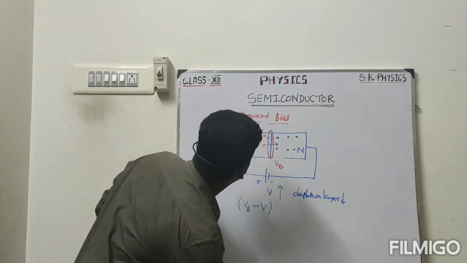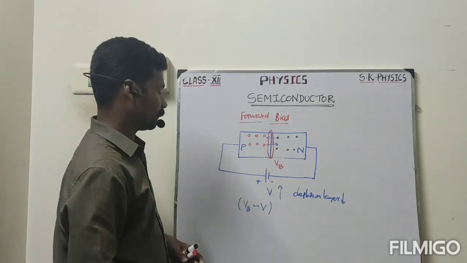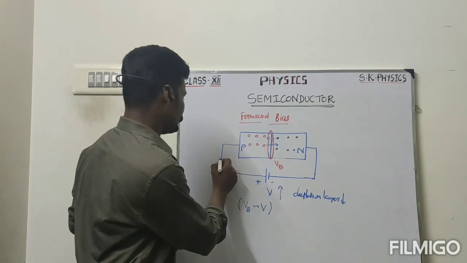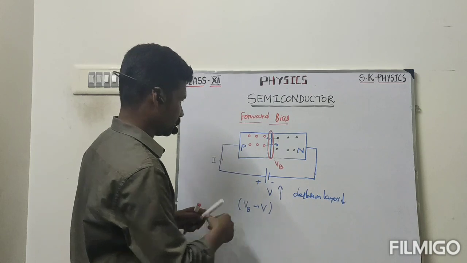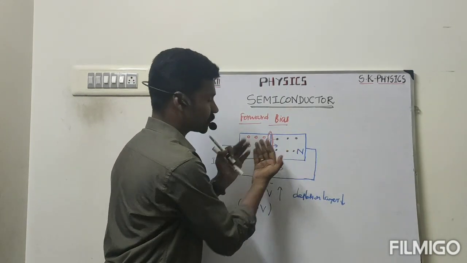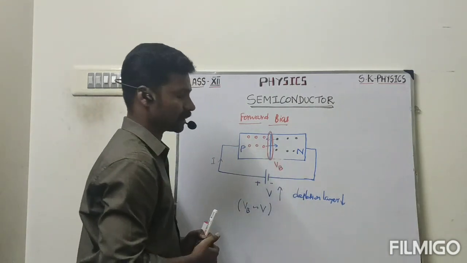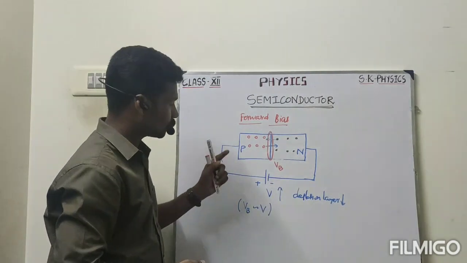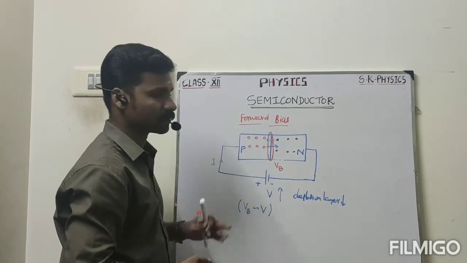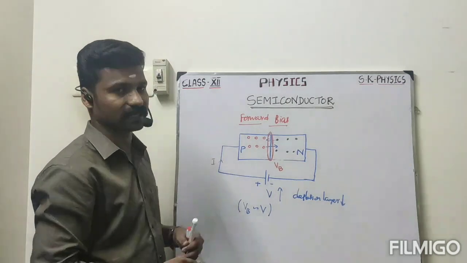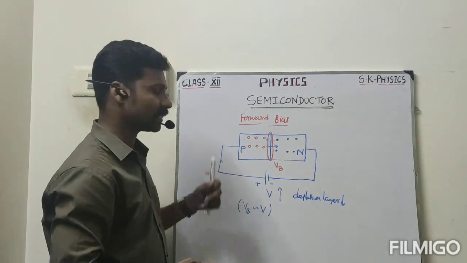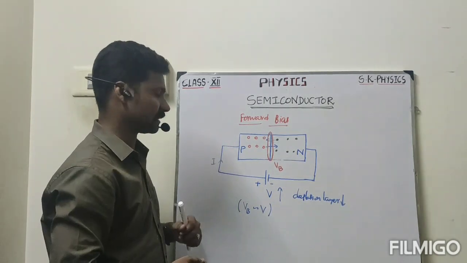In forward bias, while we increase the potential, the depletion layer thickness is reducing, then we get good current conduction. One more thing, here the majority charge carriers only are responsible for the current conduction, so we can get a sharp curve in VI characteristics, that we'll discuss later.